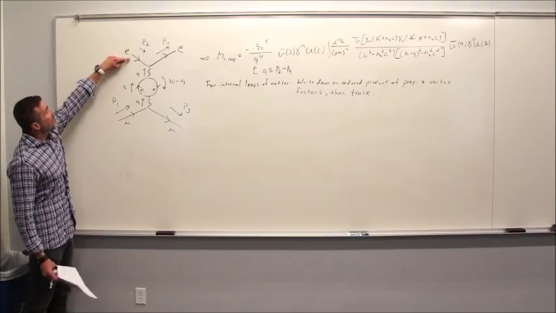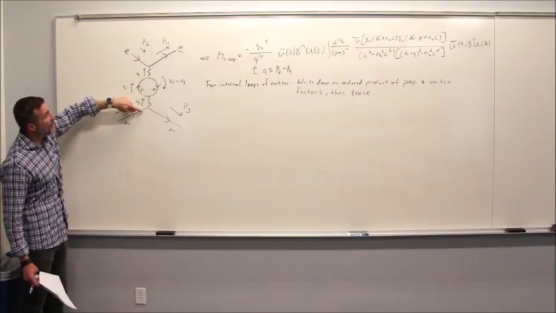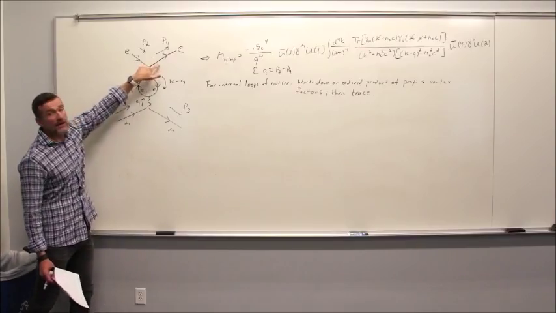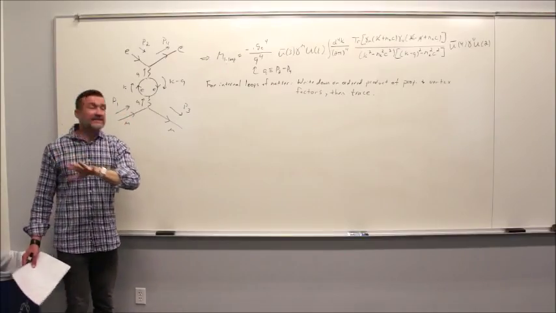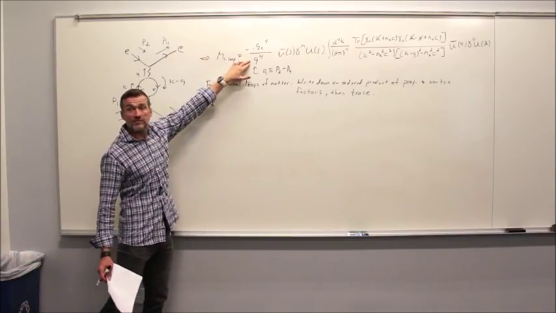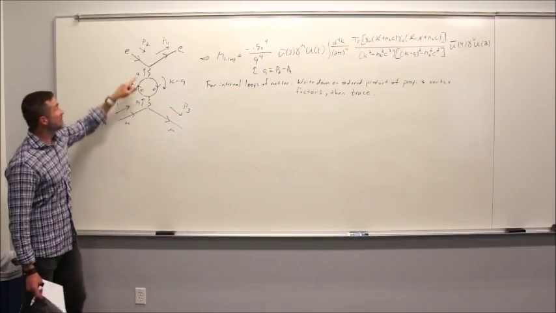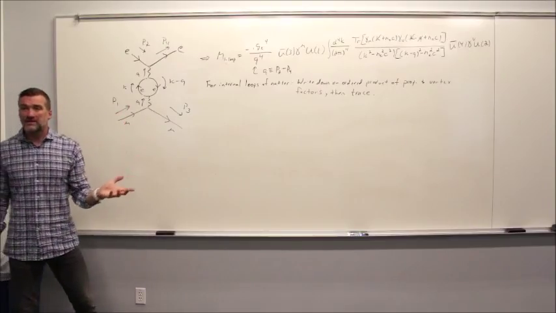If I think about this particle coming in with some momentum and then handing off momentum to this particle, the difference in the momentum here and here is how much momentum is exchanged. What's nice about expressing this in terms of Q is I could express this momentum exchange in terms of 2 minus 4 or 1 minus 3. It's kind of a robust expression.